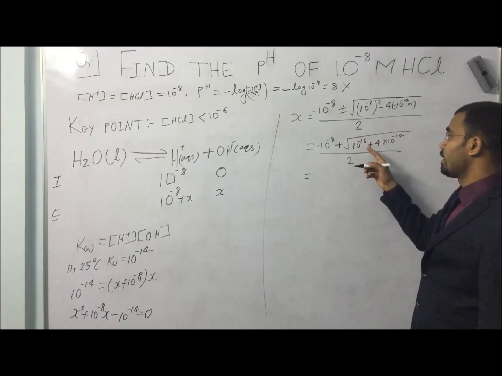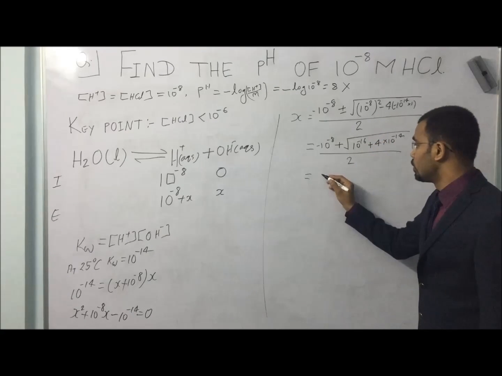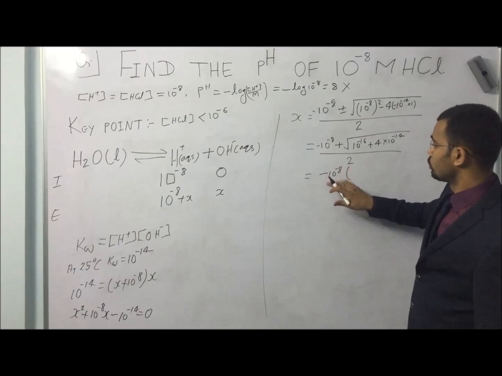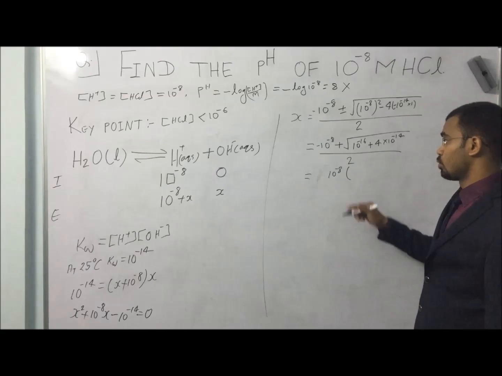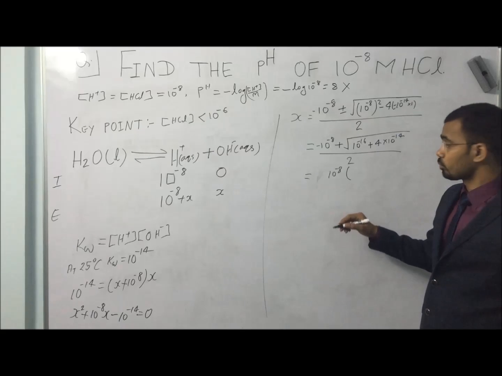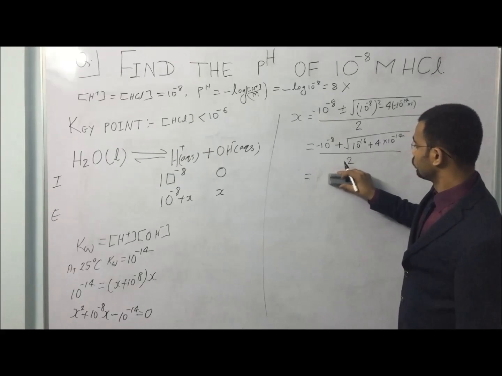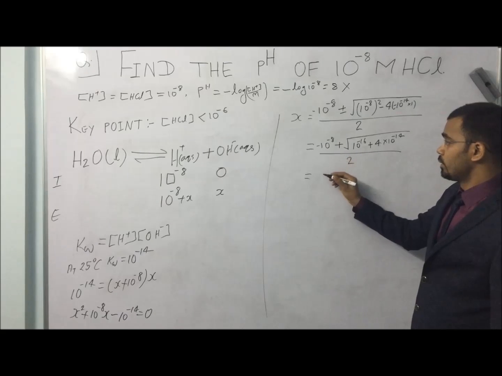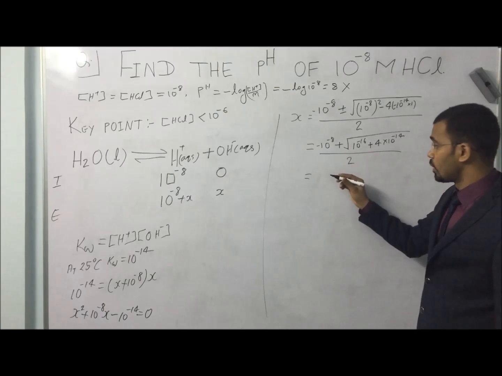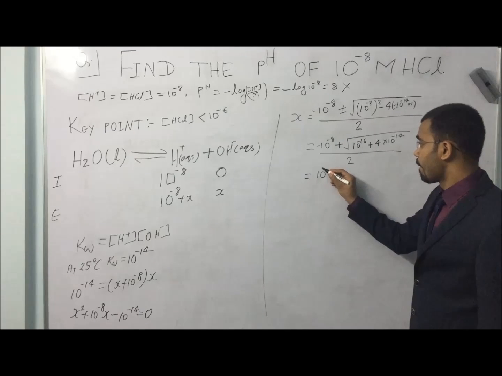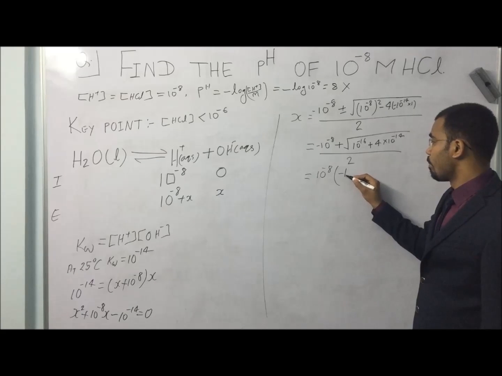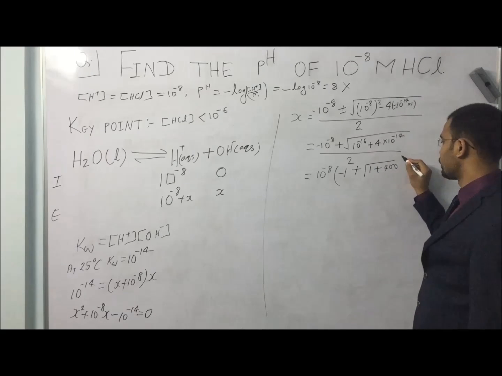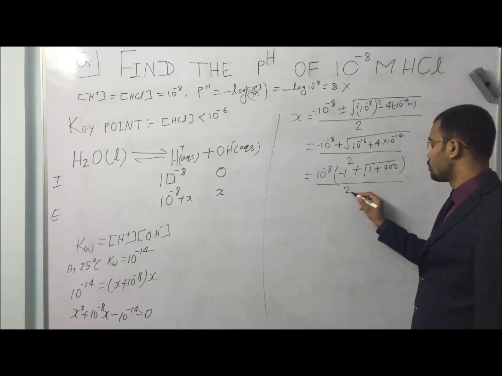Again we are going to take 10 raised to minus 16 out of the root, and taking 10 raised to minus 8 common, we'll get minus 1 plus root 400, divided by 2.